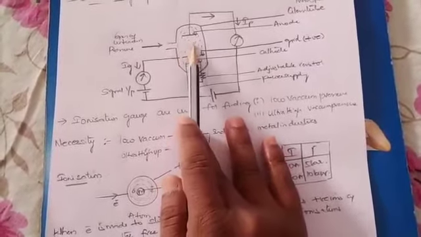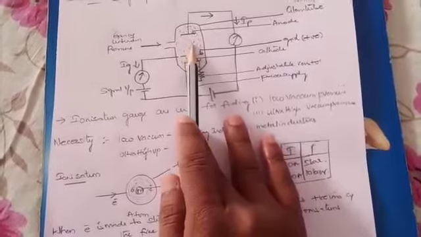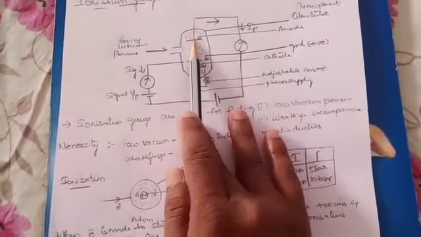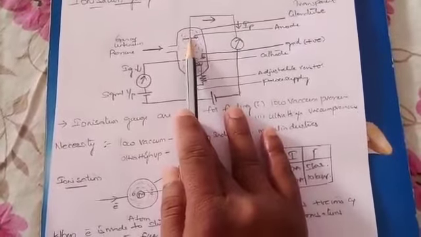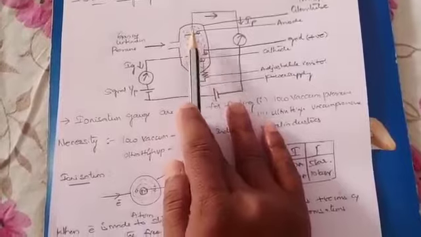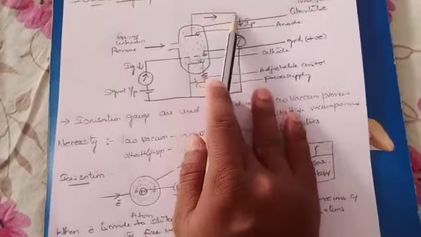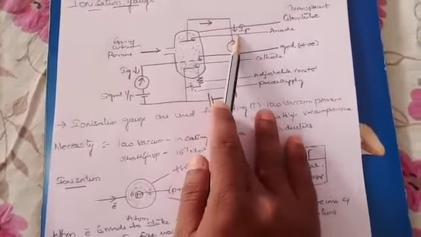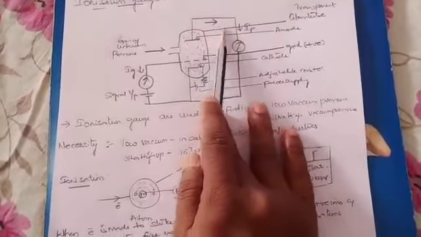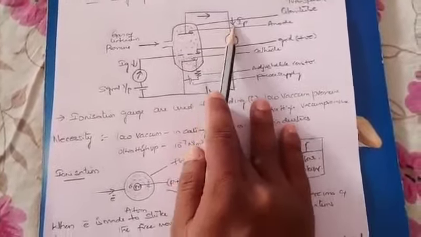These positive ions try to move towards the anode plate, which is already supplied with a negative terminal. The positive ions are attracted to this anode terminal and move through this circuit. So this is nothing but the measurement of the positive ions, producing the current due to positive ions.